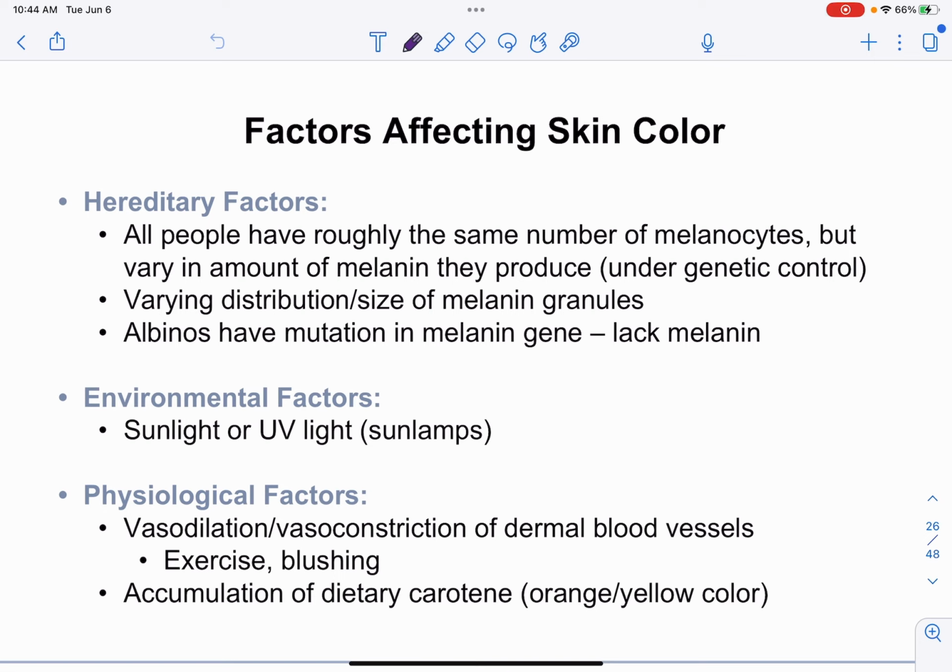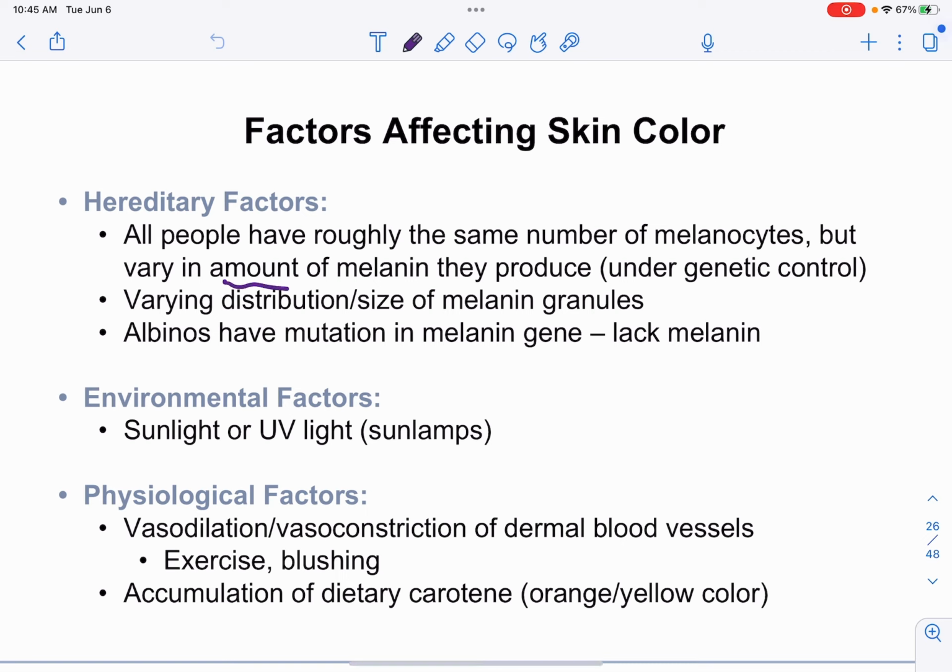or our DNA. So we discussed and I showed you where melanocytes are in the epidermis. So they're located in the stratum basale. And we all have the same number of melanocytes, but it is the amount of melanin that is produced that changes, and that is under genetic control.